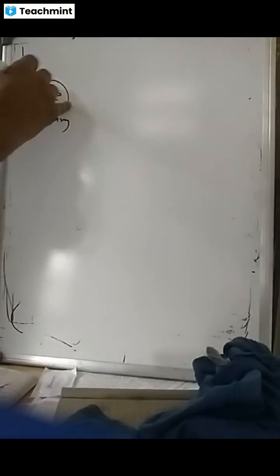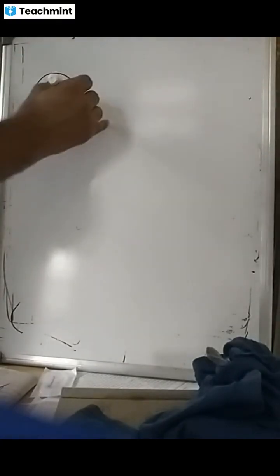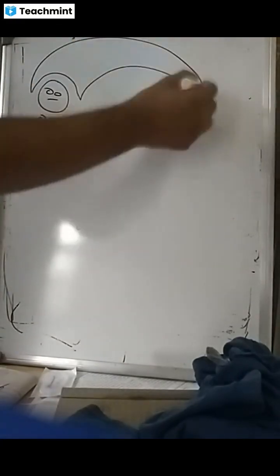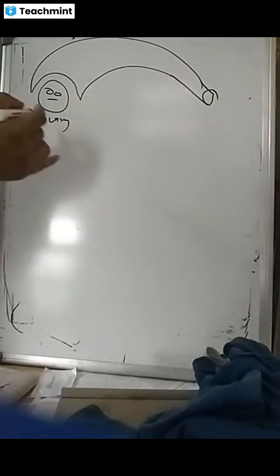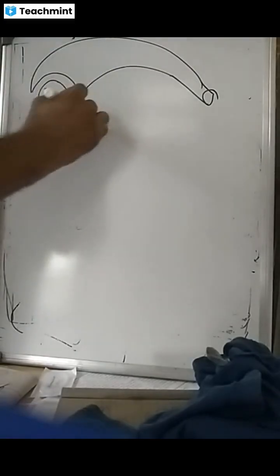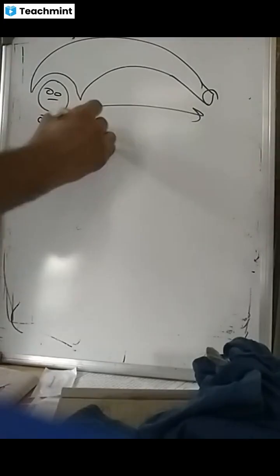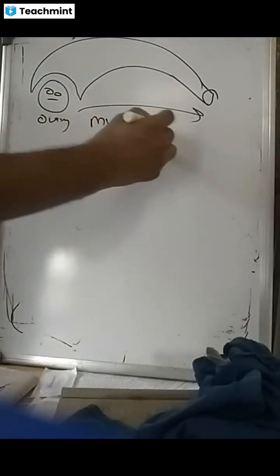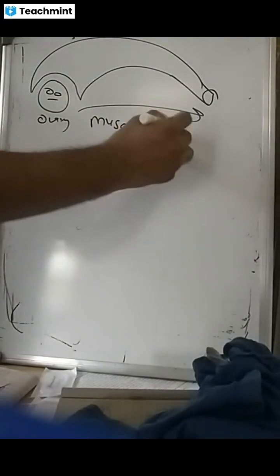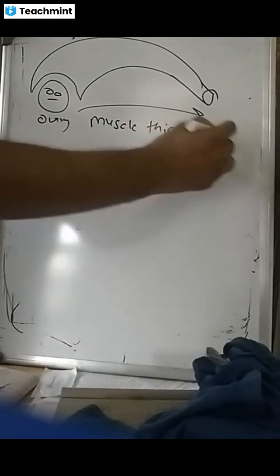This is the ovary, and if we move to this end, then muscle thickness will increase.